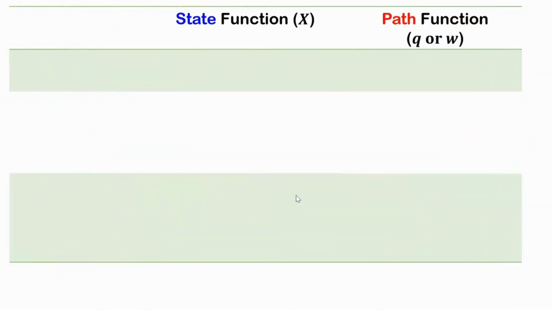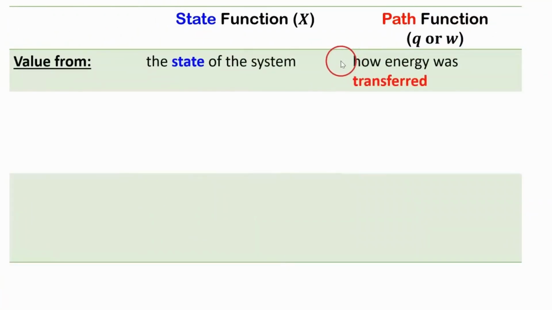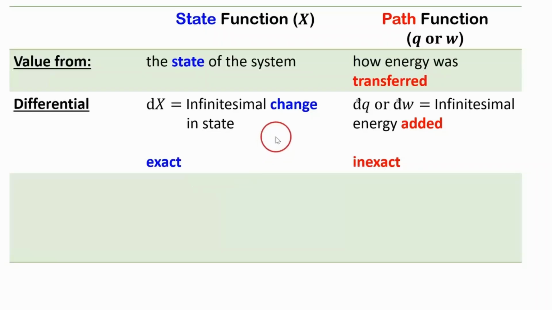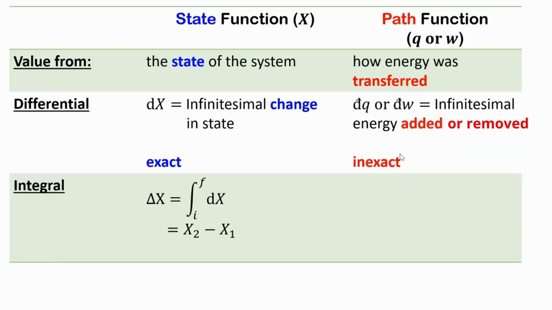Right. So to summarize, state function versus path function: the state function derives its value from the state of the system as it is, but the path function describes how the energy is transferred. The differential of a state function, dx, describes an infinitesimal change in state, and it's also an exact differential. But for a path function, the dq or dw represents an infinitesimal amount of energy added or removed, and it's an inexact differential.